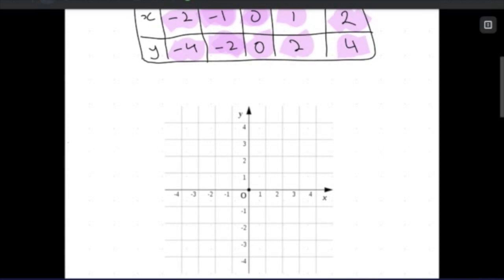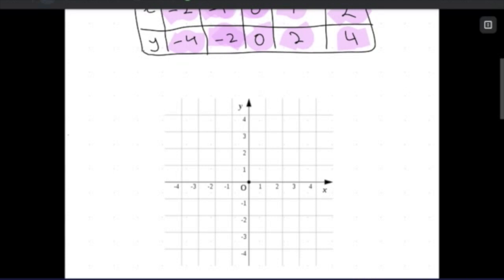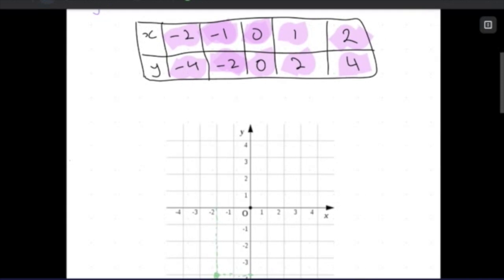So drawing this, when x equals -2, so -2 on the x plane, y equals -4. So finding where these meet on our little xy map, they meet here at this point, -2, -4. And we're going to continue along this trend.